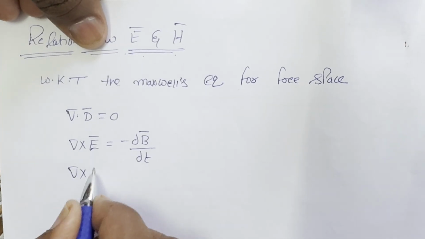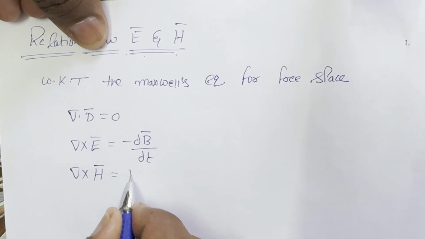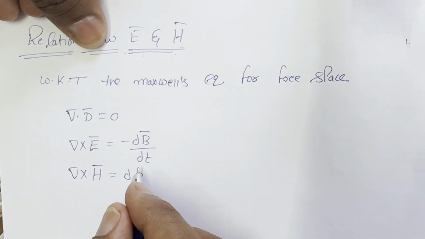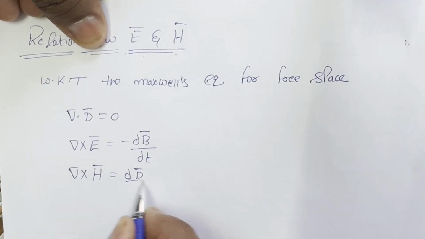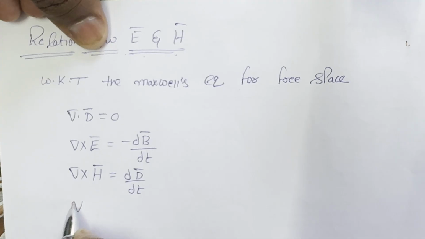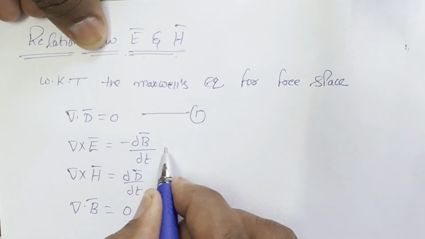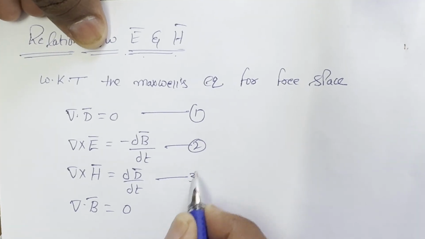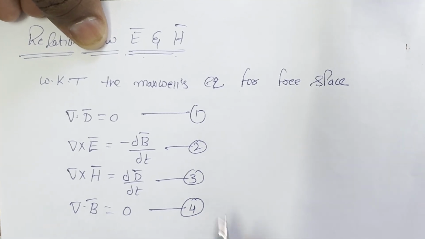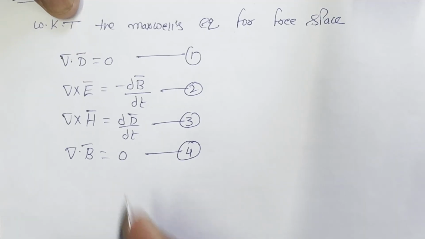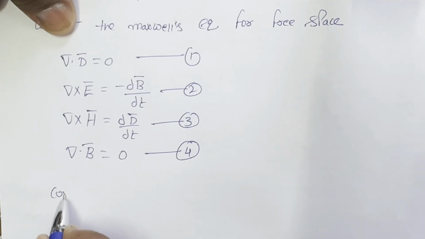Third one, del cross H bar equal to dou D bar by dou t. Del dot B bar equal to 0. These are the four Maxwell equations for free space. Now, just consider equation 3.